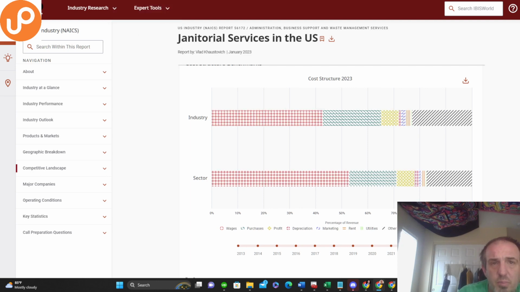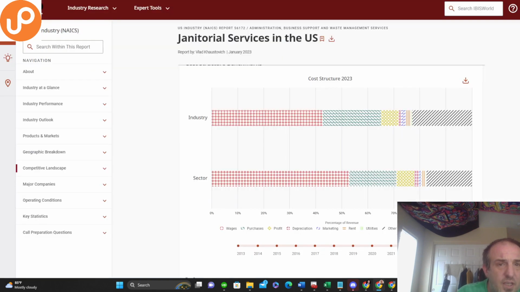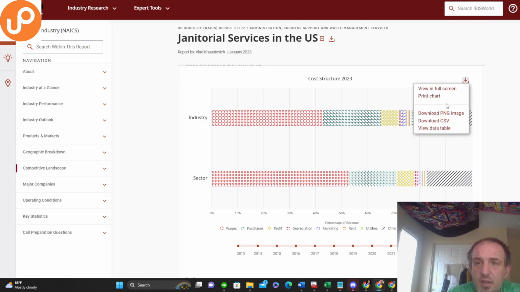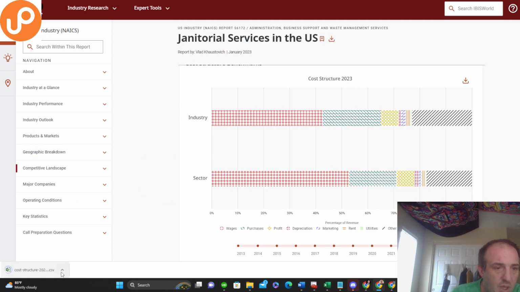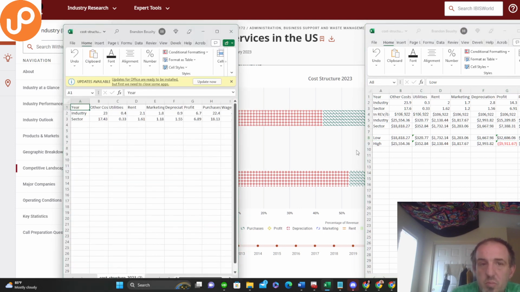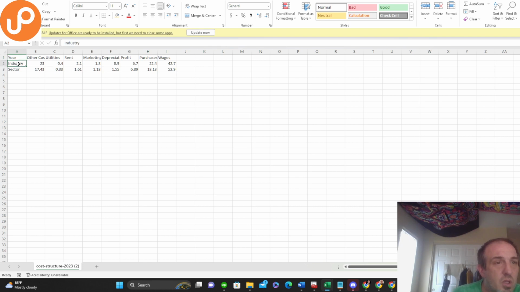Now the high point, which is 17.72, the way I got that is I go here, I download the CSV, which will end up looking something like this. And then I do a min and a max, equals min.